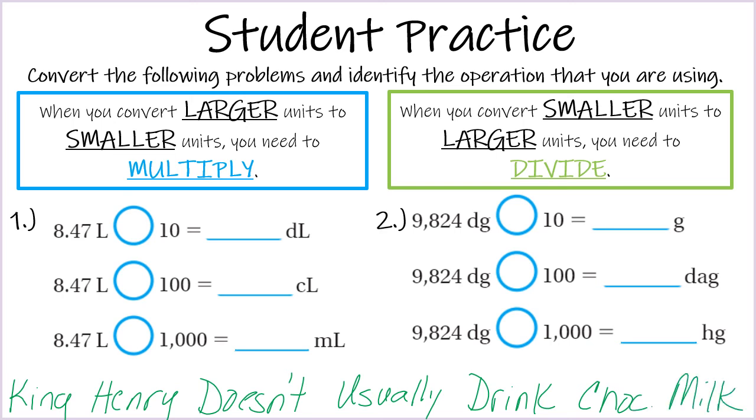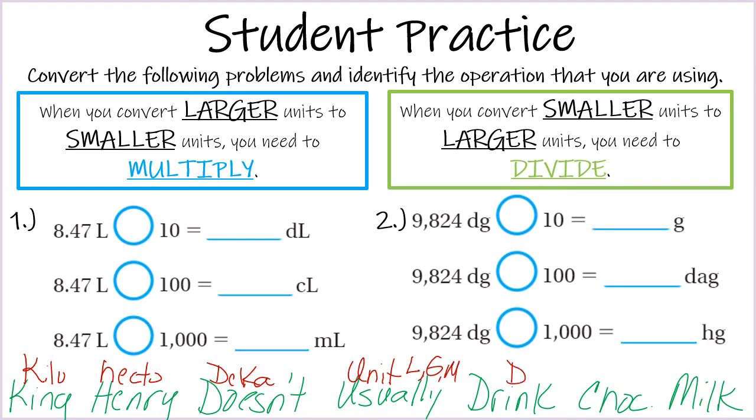Okay? And remember what they stand for. This is kilo, this is hecto, this is deca, and the abbreviation is DA. This is your unit, and remember we have three main units. We have liters, grams, and meters.